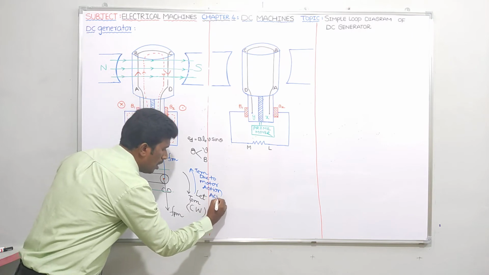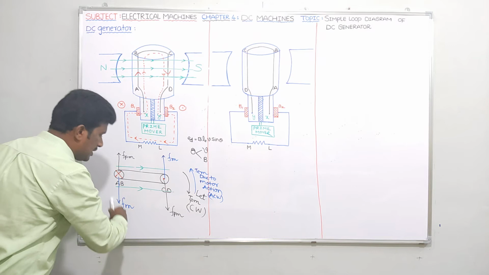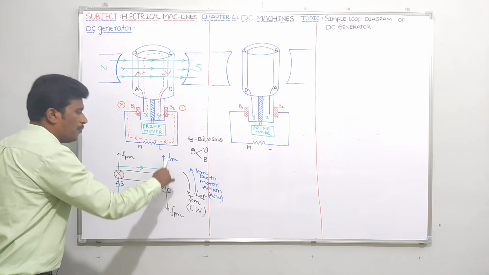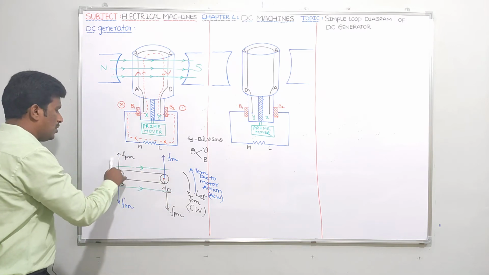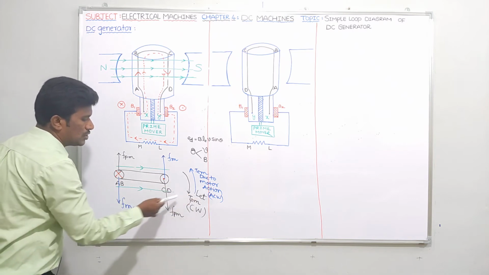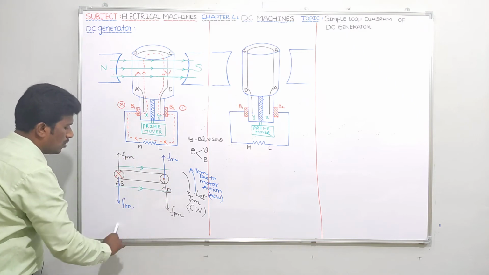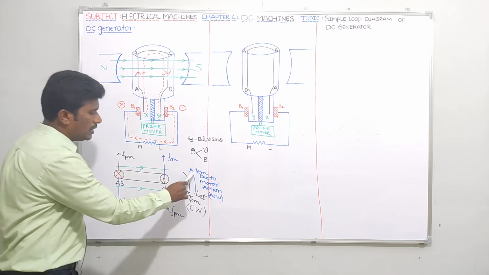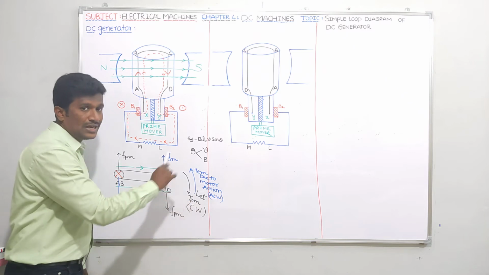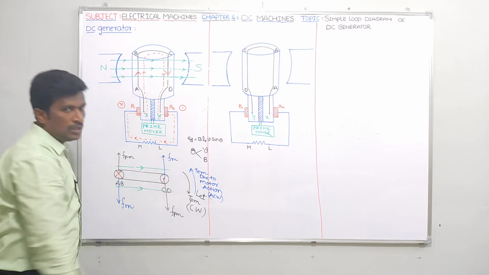You may get one doubt. How, sir? Very simple. See, if the electromagnetic torque is in the anti-clockwise direction, then only at CD it will be upwards tangential motion, and at AB you will get tangential motion downwards. For counterclockwise direction only, at CD it is upwards and at AB it is downwards. Suppose instead of anti-clockwise you take clockwise, it would be downwards, but it is actually upwards, no?